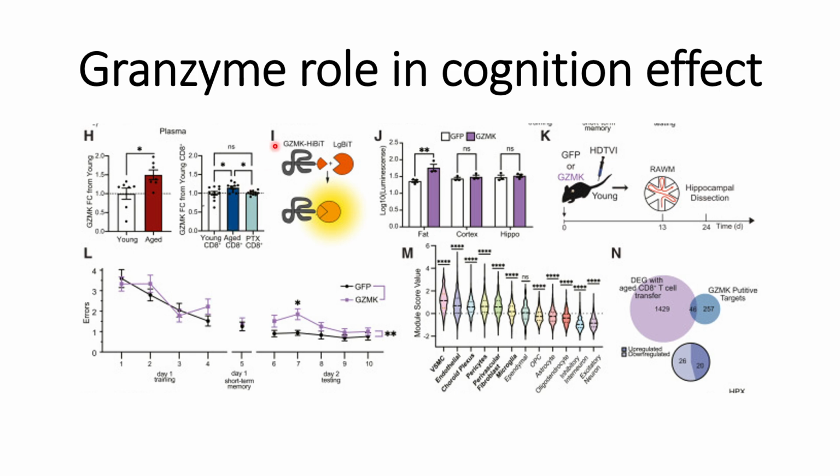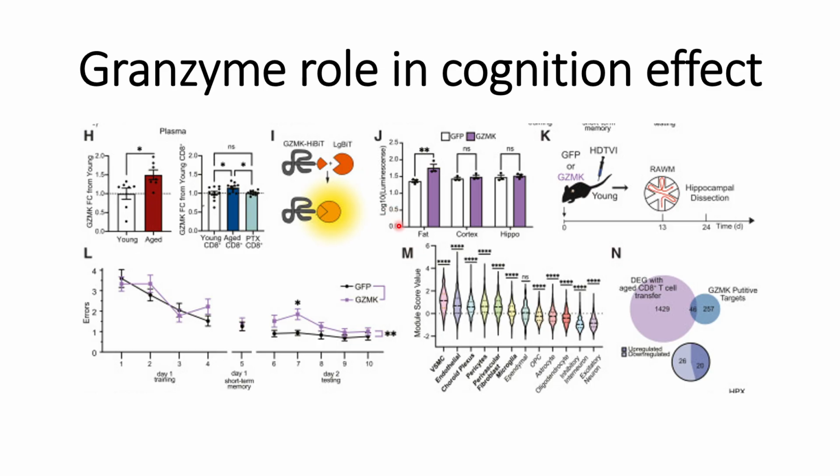Afterwards, to find out the locations of this exogenous Granzyme, they integrated the Granzyme with HiBiT, which when interacting with LgBiT will give a luminescence signal. From that they are able to see the location of the exogenous Granzyme in the mice.